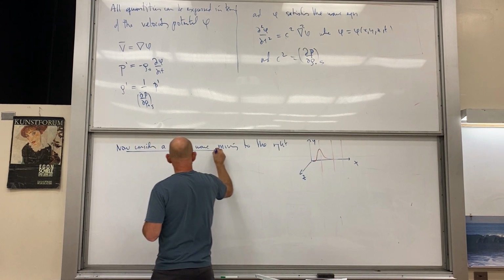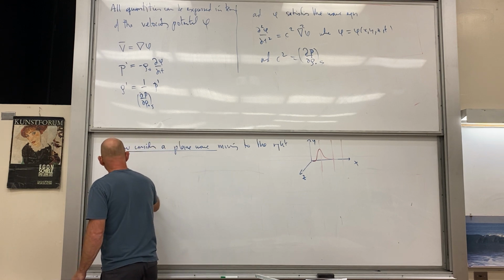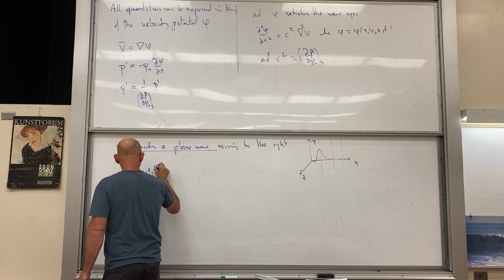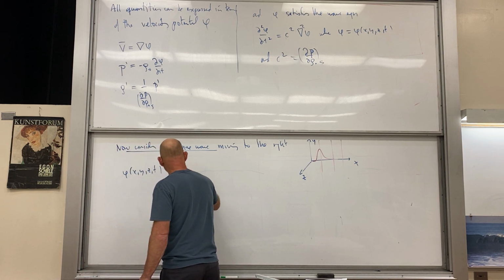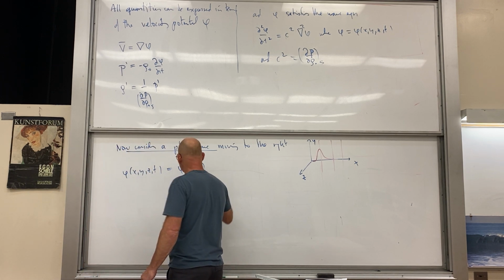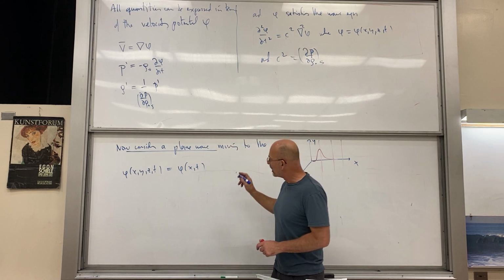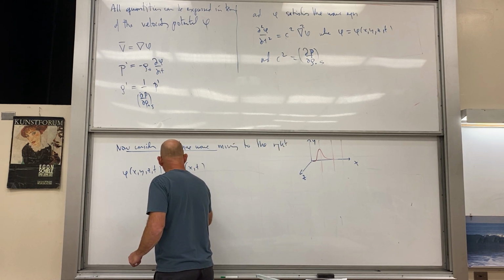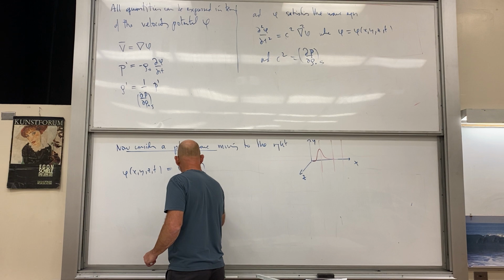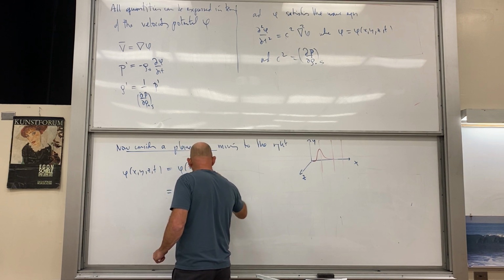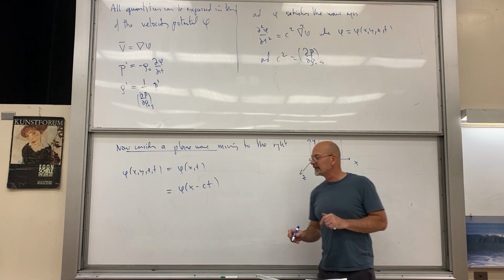So phi of x, y, z, and t is simply going to be equal to phi of x and t. And if it's just a pulse, it's phi of x minus ct. I assume people have seen this, right?